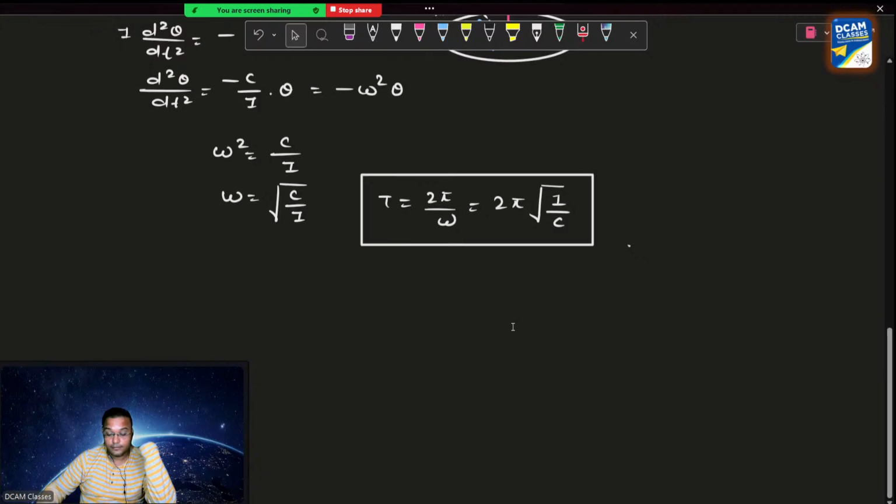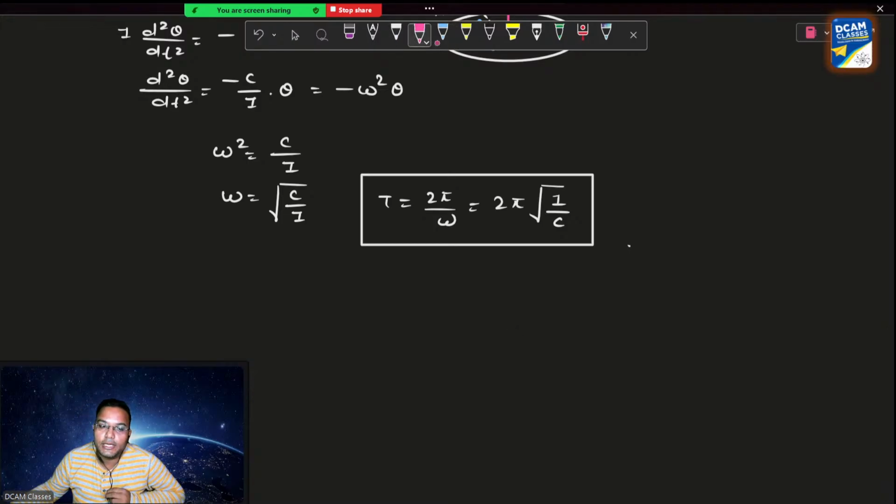Okay, now let's solve some questions, because a few other cases left in SHM are fluids in SHM and SHM of a piston in thermodynamics.